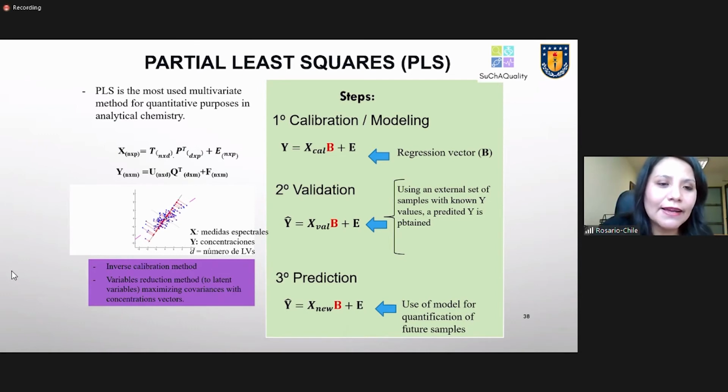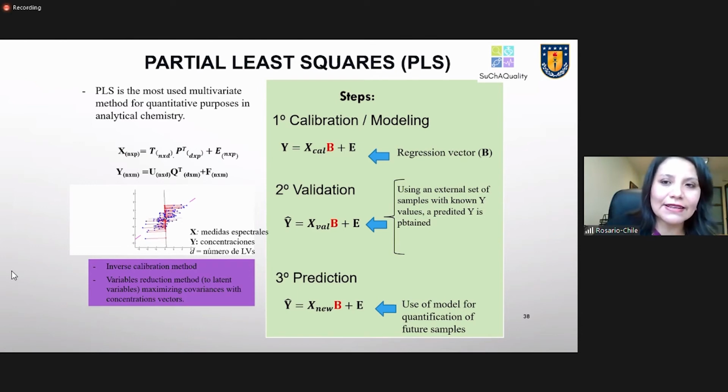It means the error or residuals of the X matrix is calculated, but also the answer or the concentration matrix will be used in order to remove the irrelevant information of this matrix. It's very difficult to understand, but it's possible. We can remove the error of the instrumental data, but also we can remove the error of the concentrations, okay? So in this case, inverse calibration is used. It's not direct.